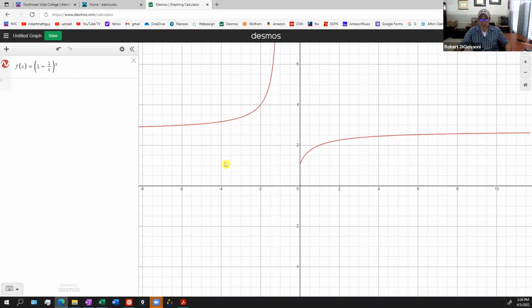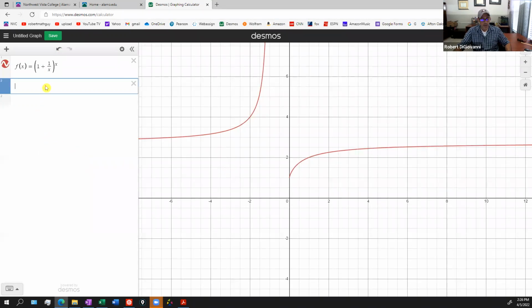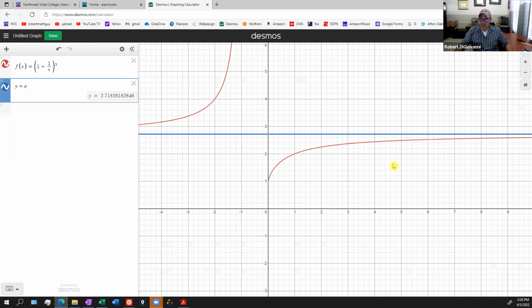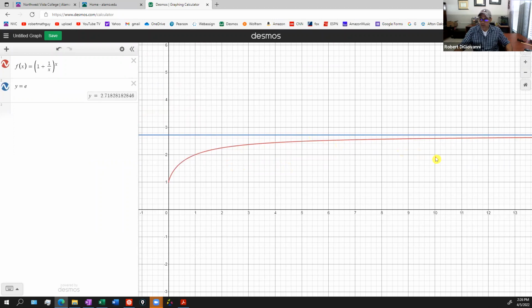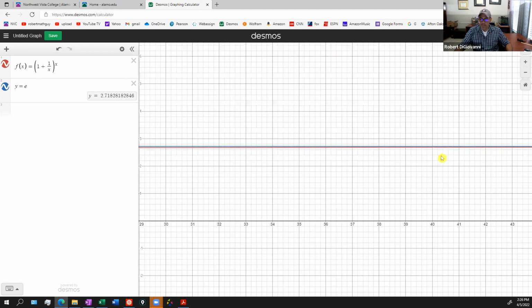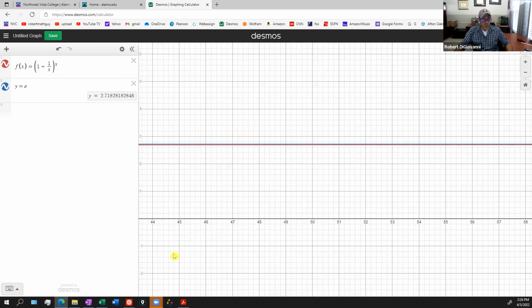Now, if I graph the horizontal line y equals e, I want you to notice that the red curve asymptotically approaches the blue, which is what we were saying.